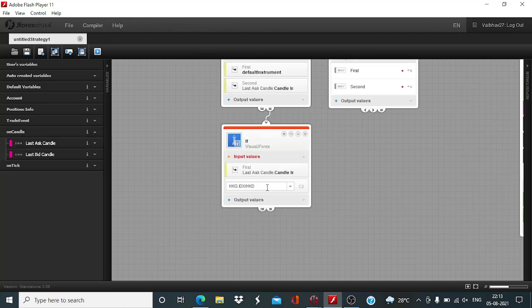And candle instrument will need to match with the instrument of choice, which is going to be USD JPY.